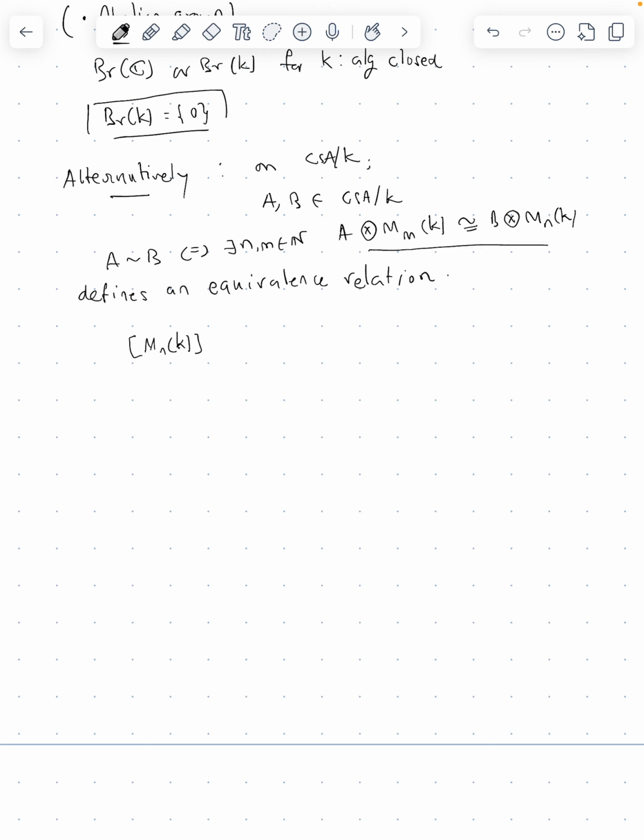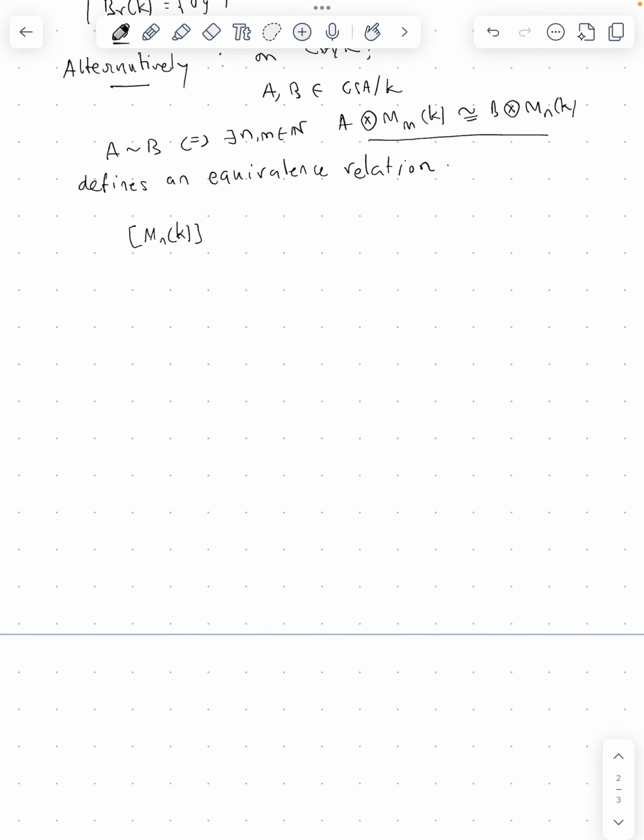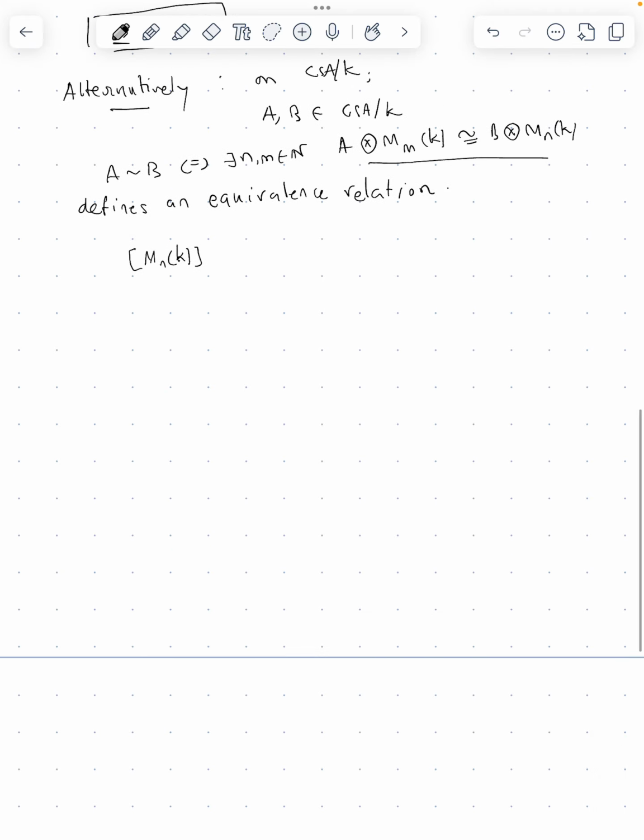So that as a whole is just one element in the Brauer group, and that is actually the identity element under tensor. That follows directly from the second alternate definition, or from the first if you think it further. And that is the identity.